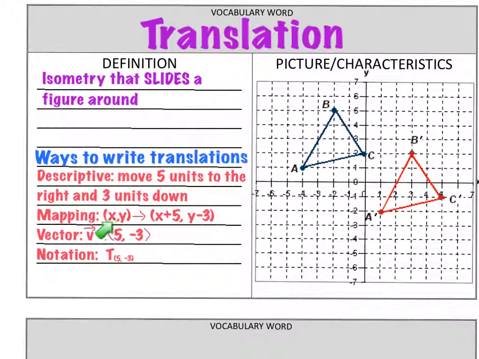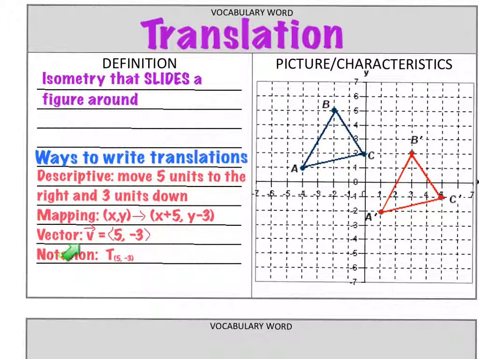So you take the points on your coordinate plane, like x, y, and you will add 5 to all the x's, and you'll subtract 3 from all the y's. So if you were to take this point right here and use this translation rule, you would get B to become B prime. We'll look more at that whenever we start doing examples.